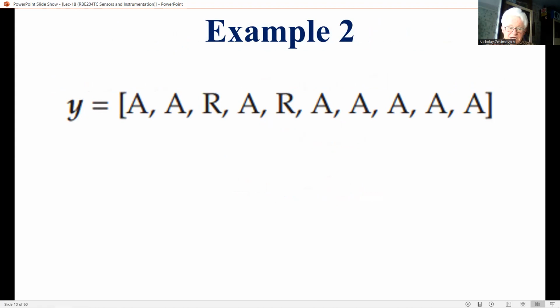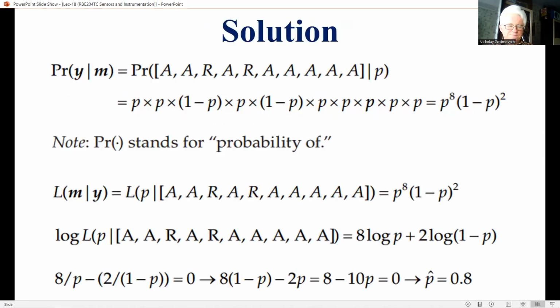During testing, each product is either accepted or rejected, and suppose that such a procedure produces the data set Y, and we can see this Y. Estimate the most likely probability P hat that a randomly selected product from the batch is acceptable. Okay, so let's start our solution.